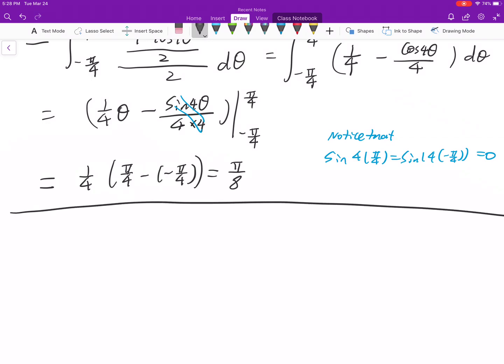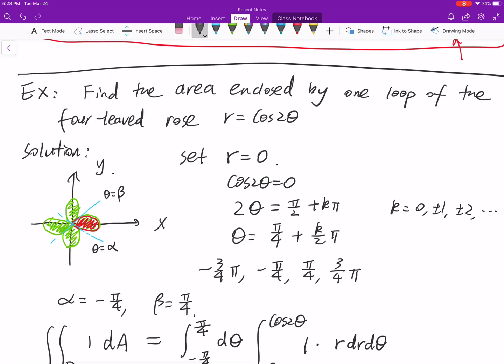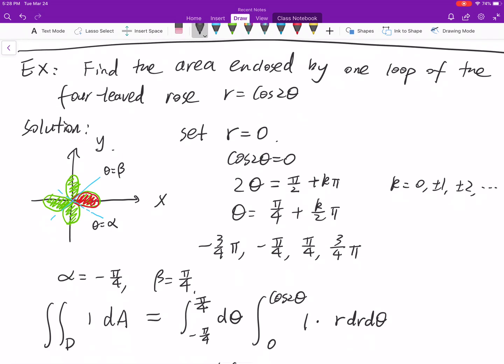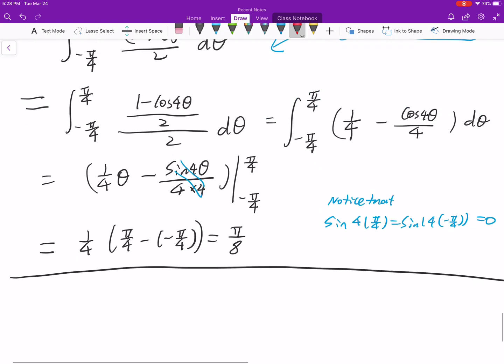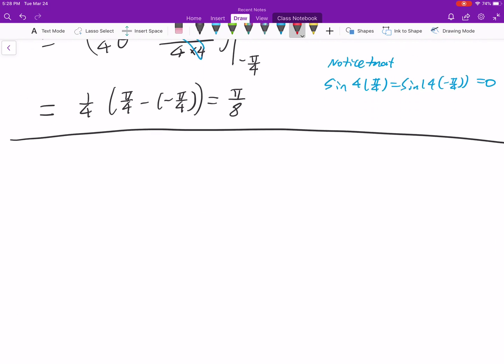So now we know the area for this region is pi over 8, which is impossible to get by any formula we learned before. We just calculate by calculus. So we know something. Okay. Next.